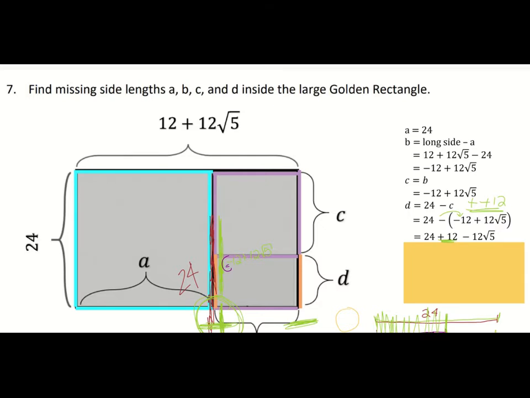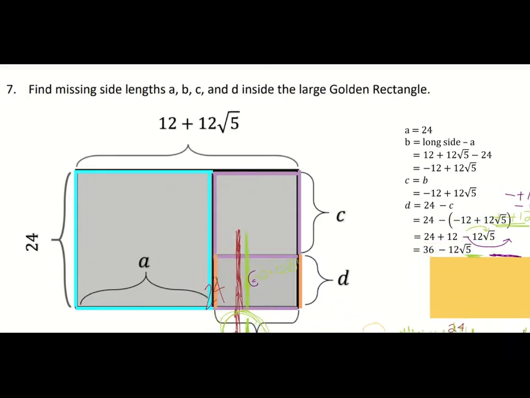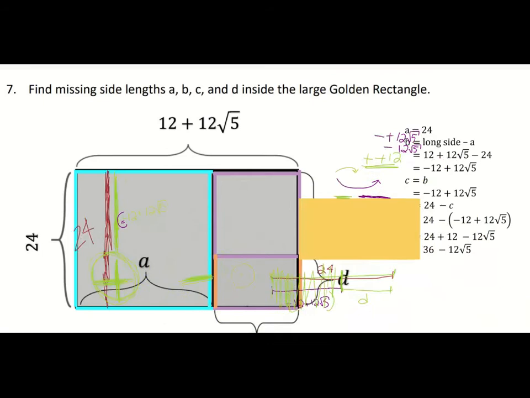So I'm also subtracting positive 12 root 5. Subtracting positive 12 root 5, well, that's just subtracting 12 root 5. Okay, and that's how it's become negative 12 root 5 in the next step. Let's keep going here. Oh, it's moving everything around now. Luckily, we're in the last step, so it'll be okay.